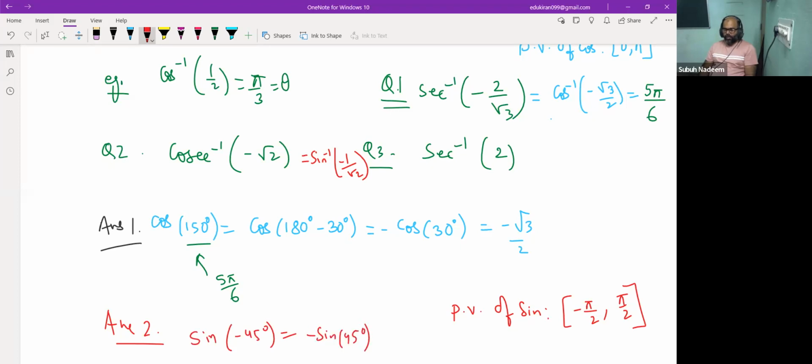In sine, the minus sign comes outside, but in cos it does not happen. So everything is related. There is some reason behind giving the principal value like this. So this is minus 1 by root 2. And this minus 45 degree means minus pi by 4. So this is minus pi by 4.